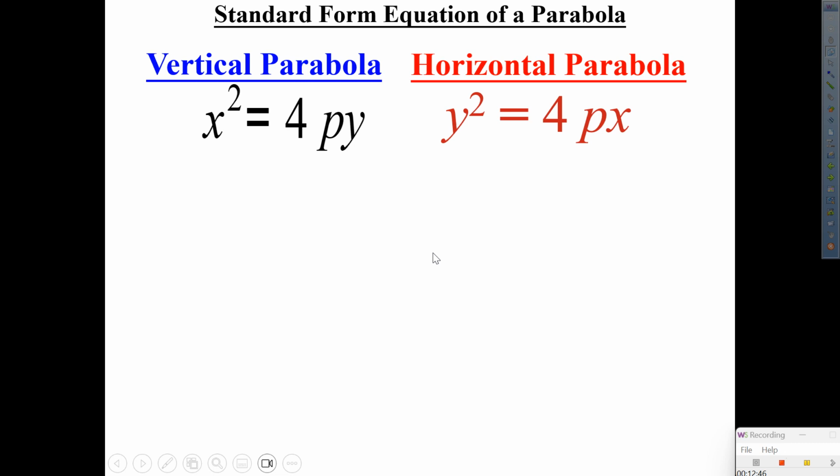However, think about what you did last week, when we did the graphing. Where was the vertex of those parabolas? Tell your neighbor. Doesn't matter which direction, but where was their vertex?